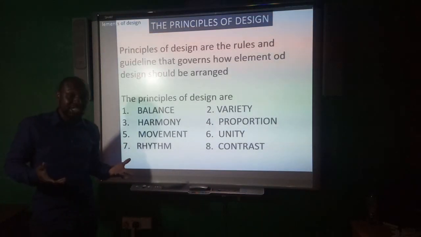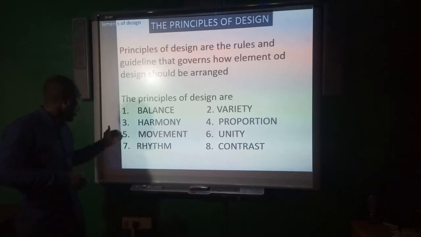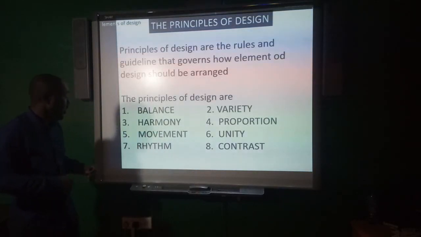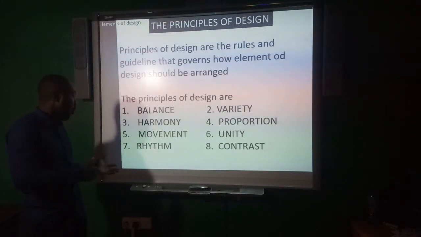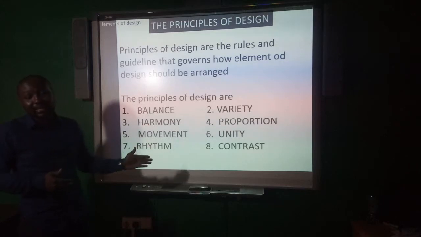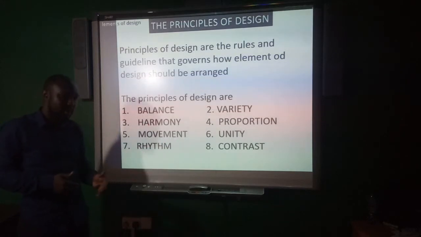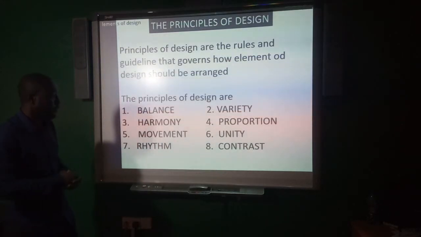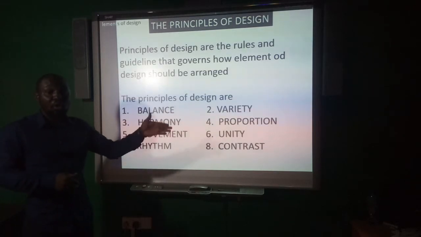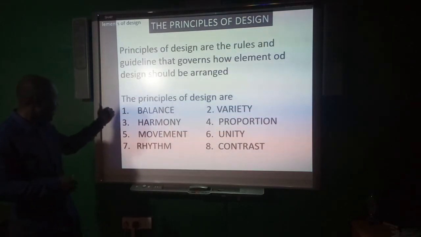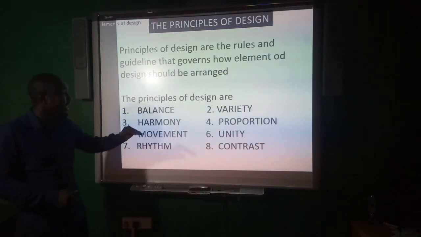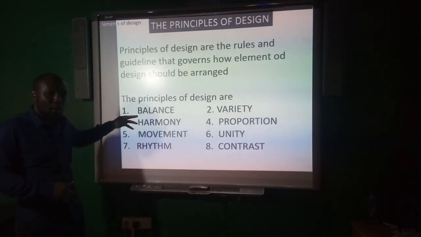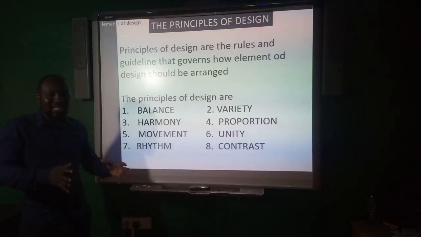We have proportion, movement, unity, rhythm, and contrast. We have more. Even with rhythm, you can add repetition. So these are some of the principles that govern the elements of design in producing an artwork.